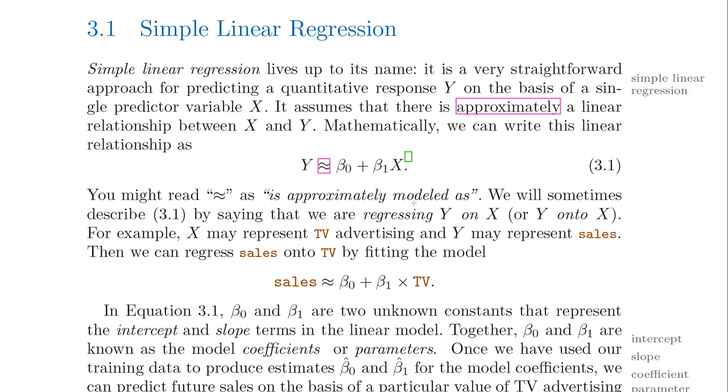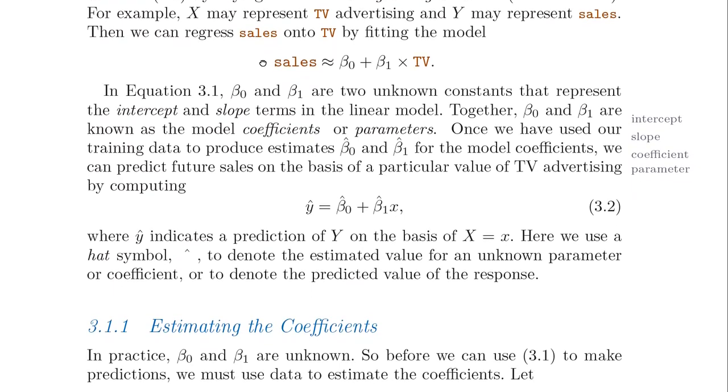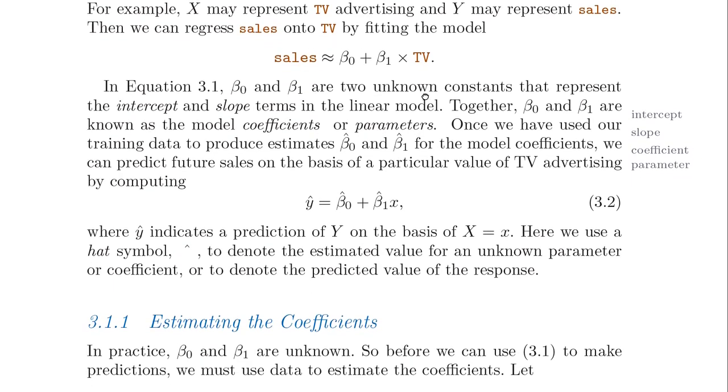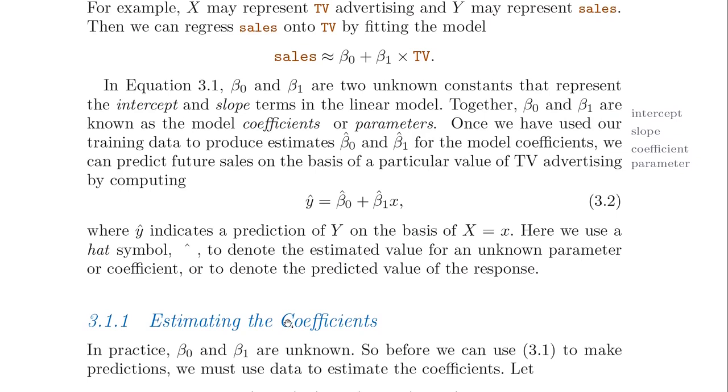Mathematically, we can write this linear relationship as y is approximately modeled as beta naught plus beta 1 x. We will sometimes describe 3.1 by saying that we are regressing y onto x. For example, x may represent TV advertising and y may represent sales.